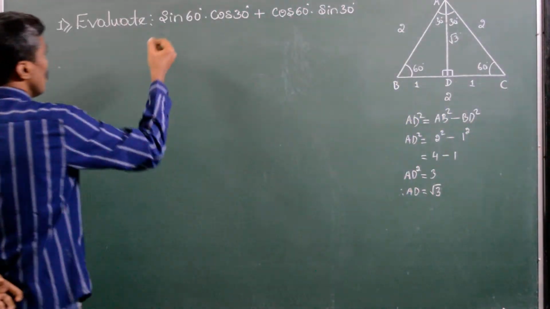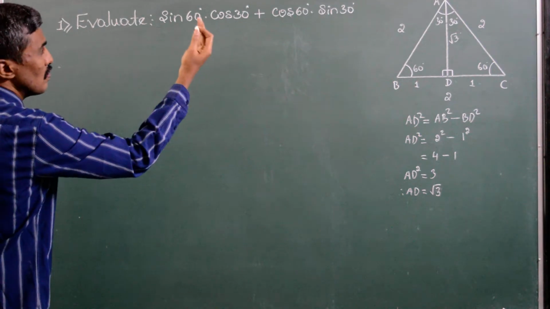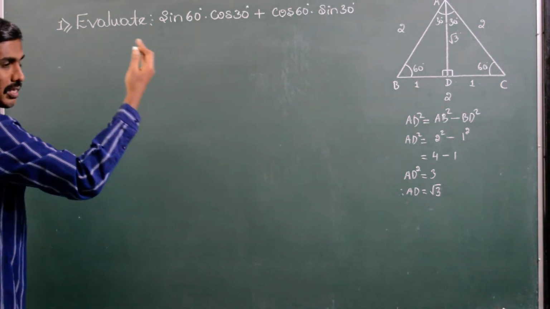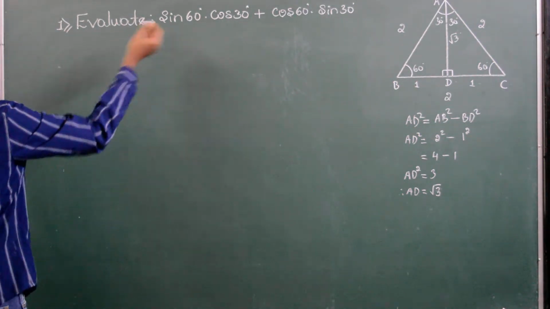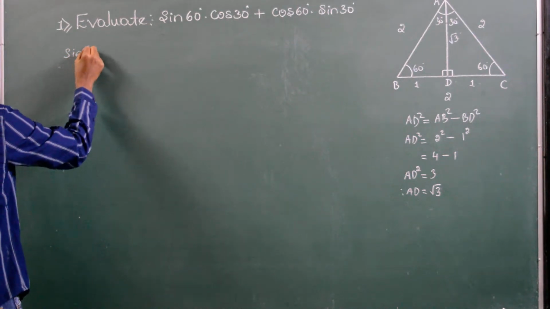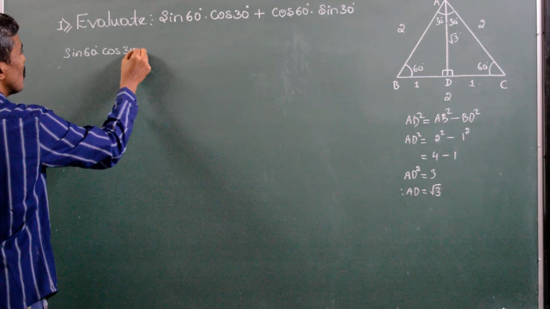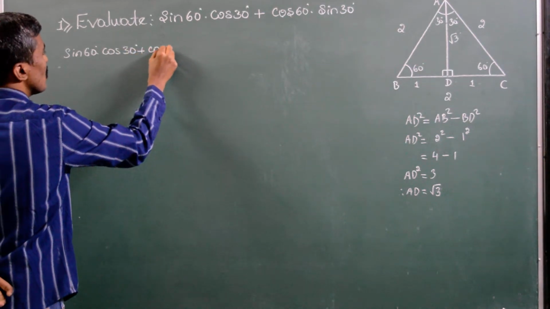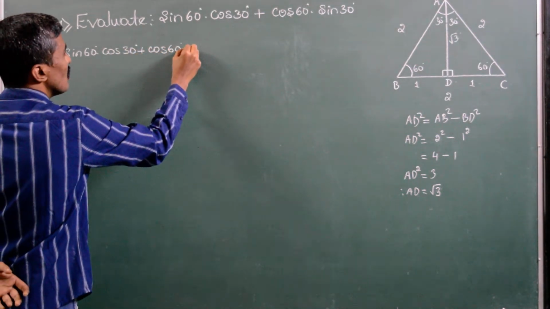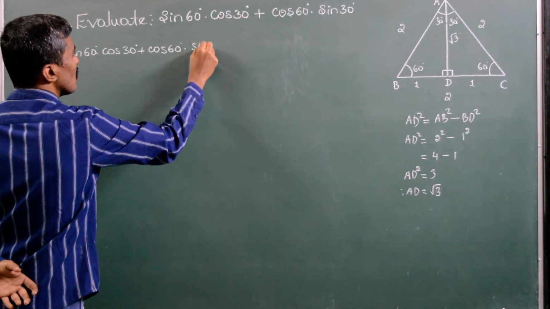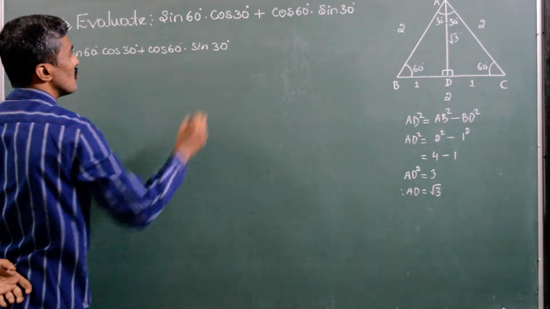Here sin 60 degree into cos 30 degree plus cos 60 degree into sin 30 degree is there. So I will take the problem. Sin 60 degree into cos 30 degree plus cos 60 degree into sin 30 degree.